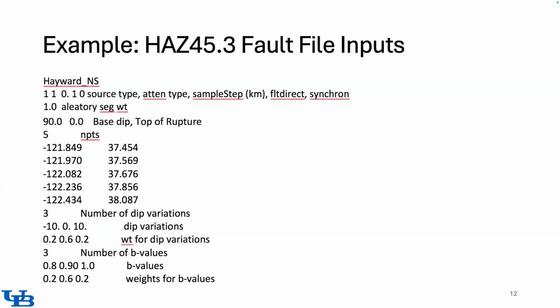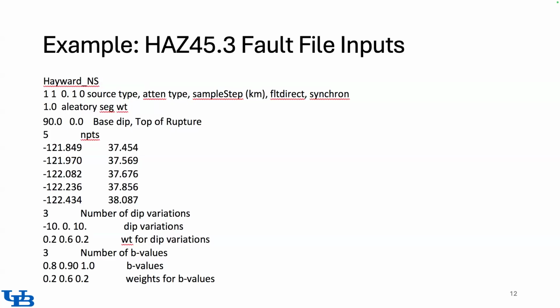Then, as we said, we define the dip angle for that fault and the depth to the top of rupture. In this case, this is a vertical fault, and the top of the rupture reaches the surface.